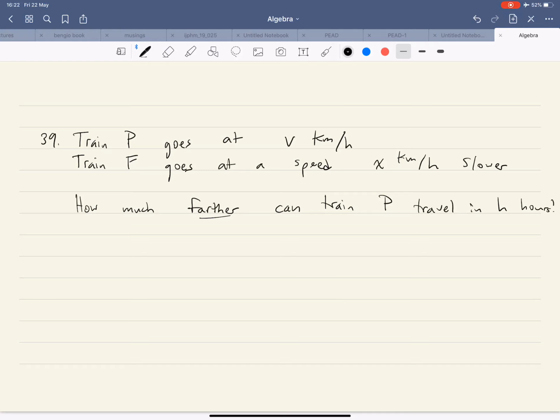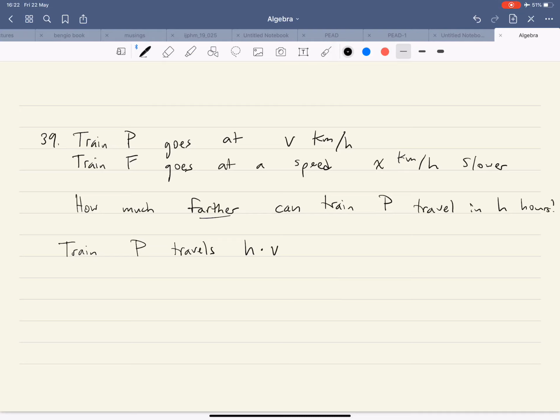So we could say, well, how far does train P go in h hours? Train P travels, for every hour, it goes v kilometers. So for h hours, it goes h times v kilometers.